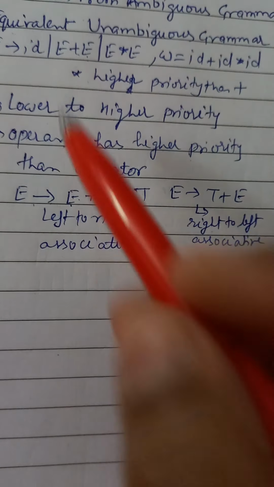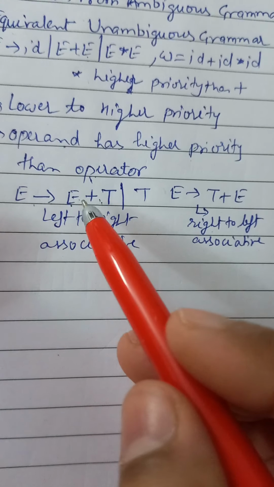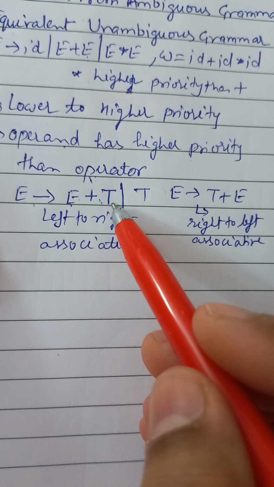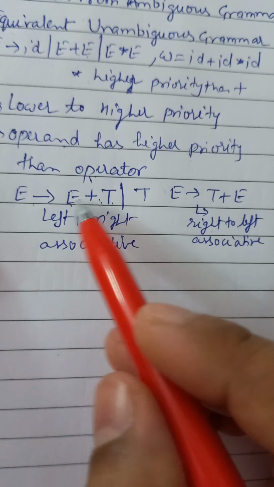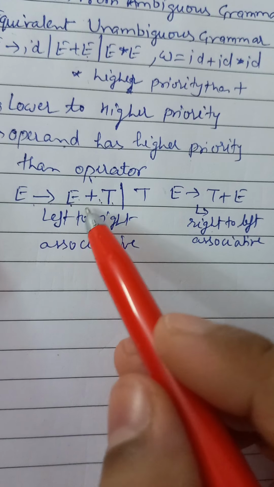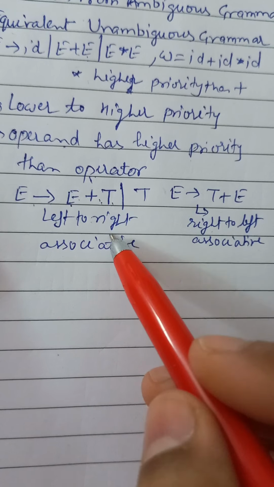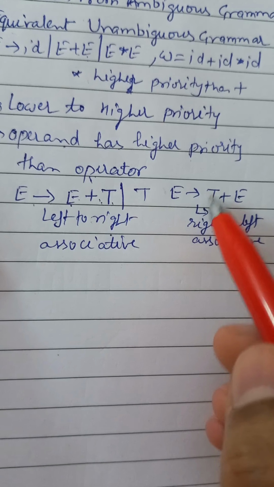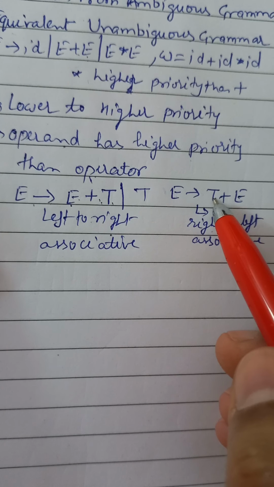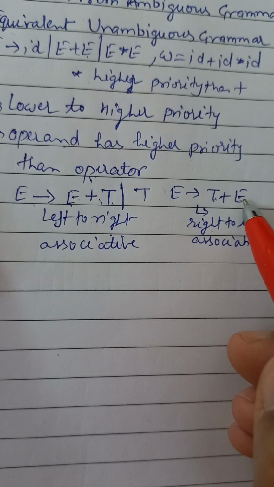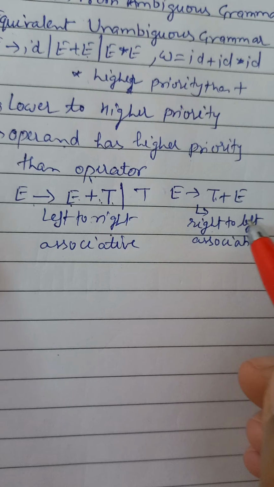See the difference here. Instead of E plus E, we are taking E tends to E plus T. We are taking a new variable for removing the ambiguity. If we write E tends to E plus T, then this is left to right associative. But if we write E tends to T plus E, putting the new variable first and the old variable at the end, then this is called right to left associative.